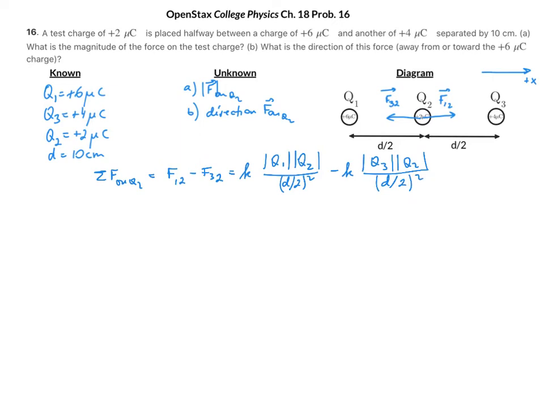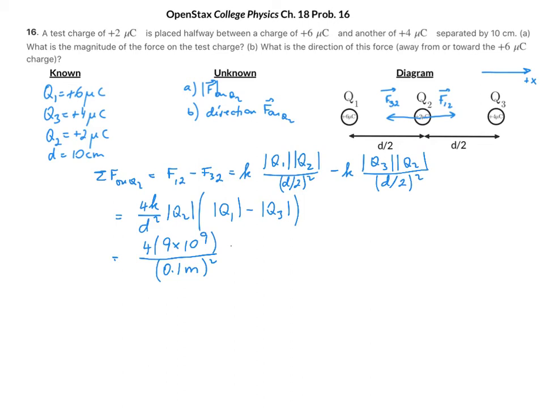So I can factor some things out to simplify the calculations. So I have 4K over D squared, absolute value of Q2, times absolute value of Q1 minus absolute value of Q3. So that is 4 times 9 times 10 to the 9th divided by D squared, which is 0.1 meter quantity squared.